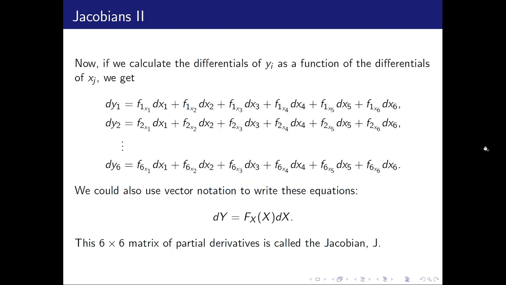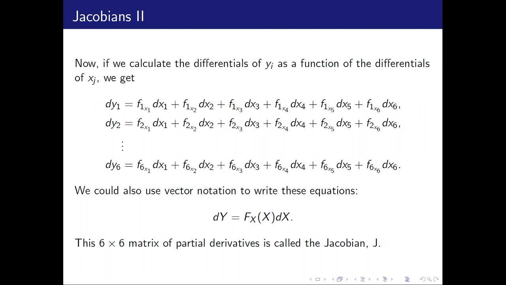Now, if we want to calculate the differentials of y as a function of the differentials of x, then we can write them out as the differential y1 being equal to the partial derivative of f1 times the differential dx1 plus, and then carrying on for each of the partial derivatives times the corresponding differential.